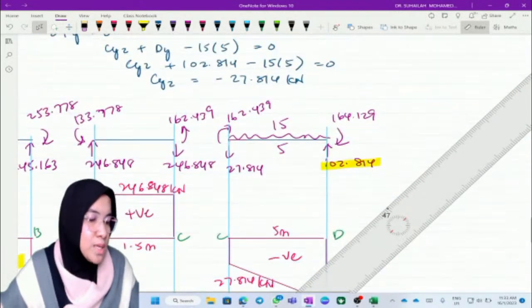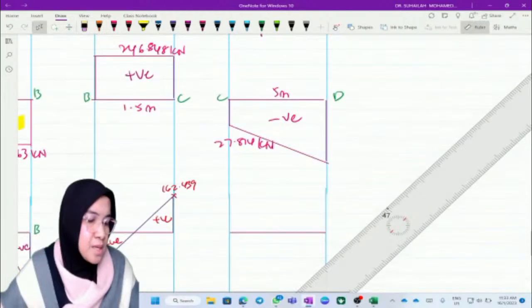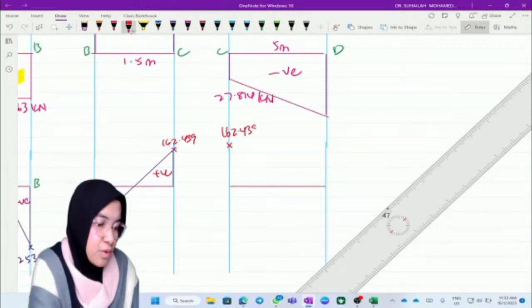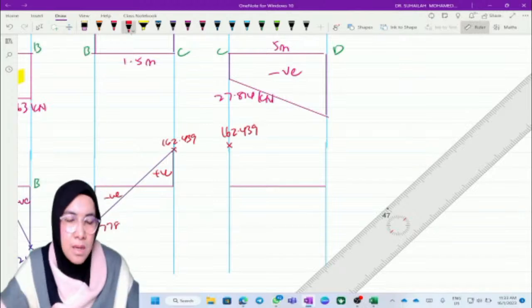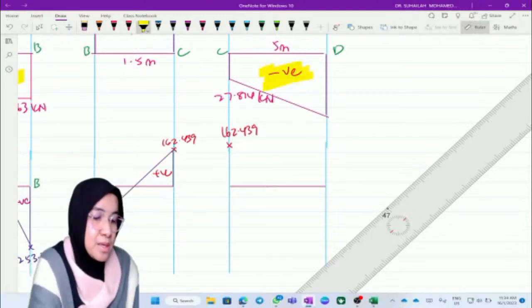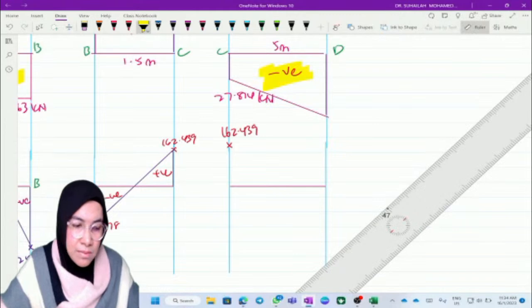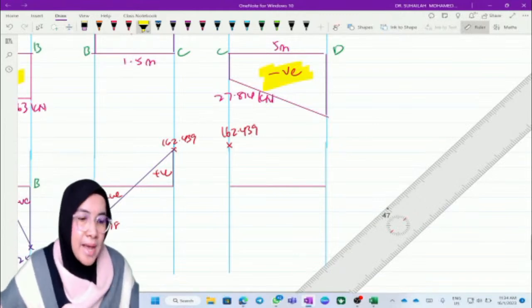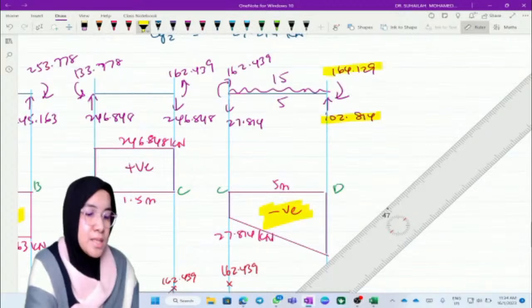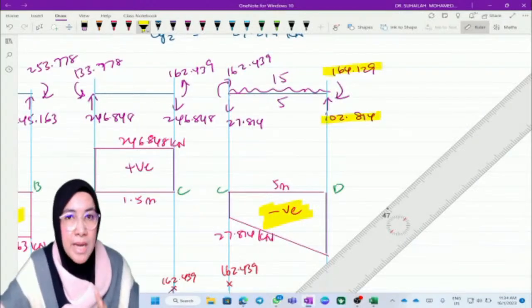The moment is 162.439, somewhere here. We have to minus the area of trapezium. Then we should get the last moment value, 164.129.